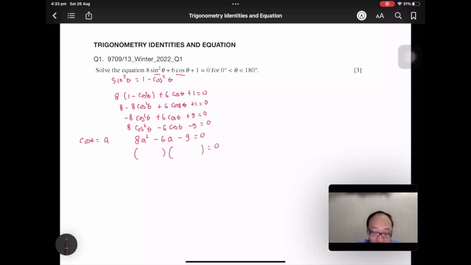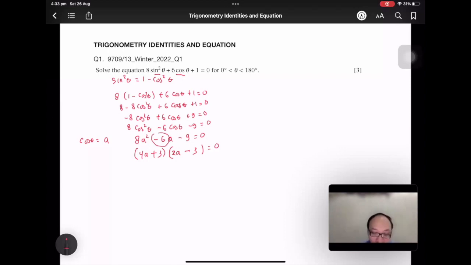So 8a and 9 to become 6, we try 4a and 2a. And then 9 is 3 and 3. So to have negative 6, I have to put negative here, negative 12. 4 times 3 is negative 12, and 3 times 2 is 6, so I put plus, and negative 12 plus 6 is negative 6.